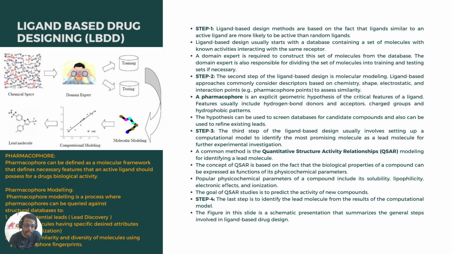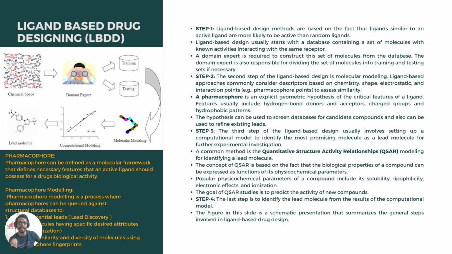So what is a pharmacophore? A pharmacophore is an explicit geometric hypothesis of the critical features of a ligand. It can be defined as a molecular framework that defines the necessary features that an active ligand should possess for a drug's biological activity. Means the pharmacophore is the active site on the target molecule.